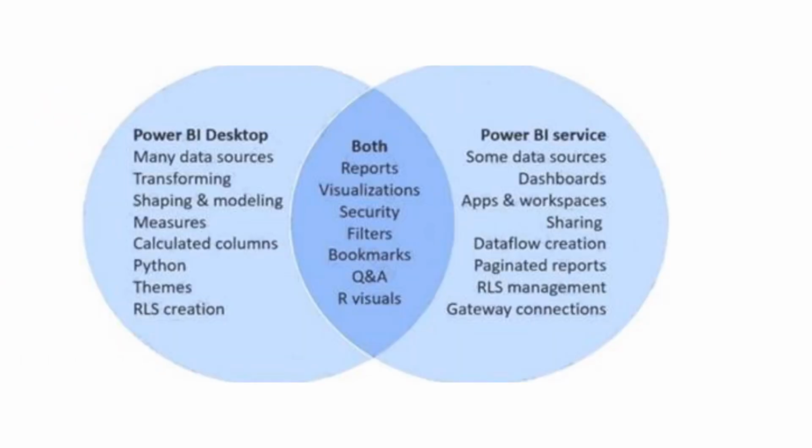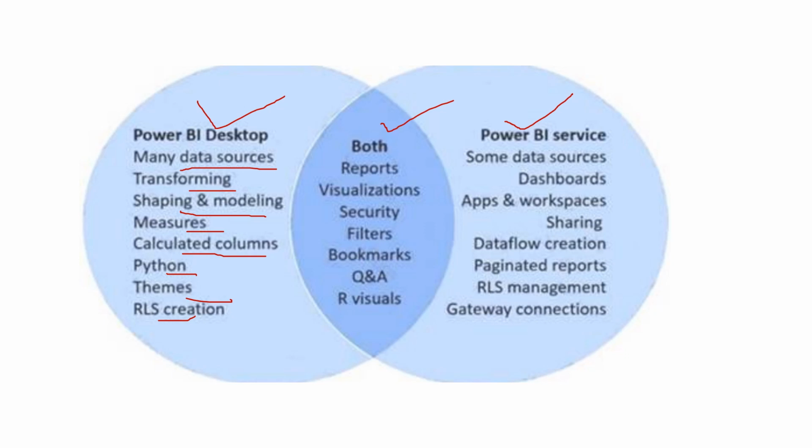So in this slide, there are three different sectors which we already discussed in the previous question: Power BI Desktop, Power BI service, and both. In Power BI Desktop, we can use many data sources, transforming the data, shaping and modeling, measures. We can create calculated columns, Python, themes, and RLS creation.